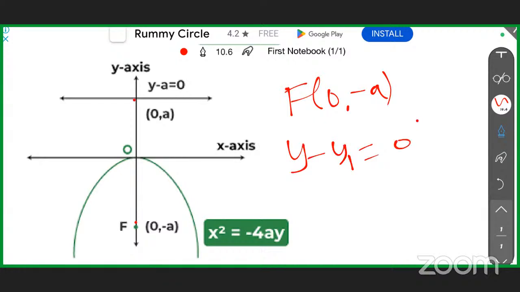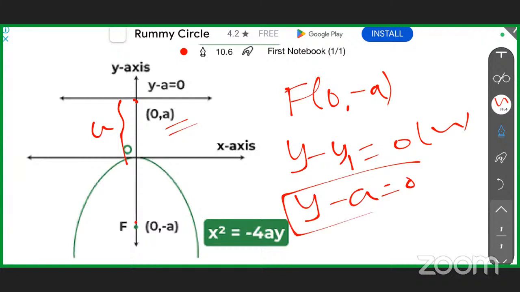So y minus a is equal to 0. This is the equation of the directrix, and if I simplify, it becomes y is equal to a.